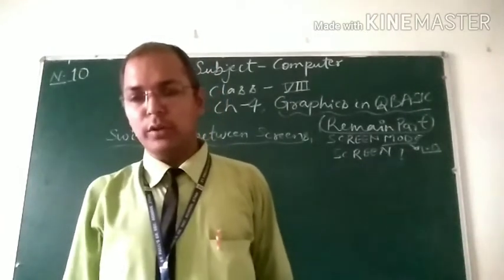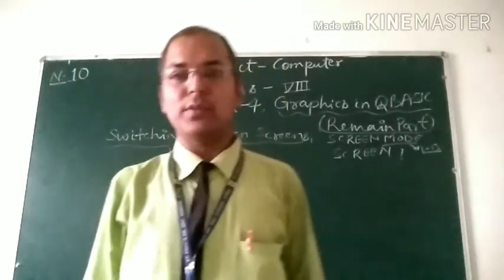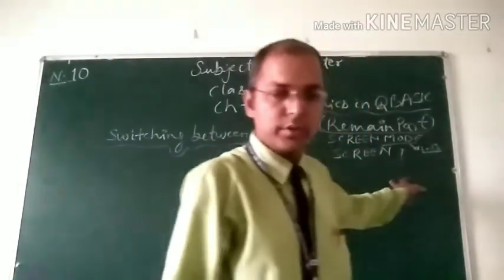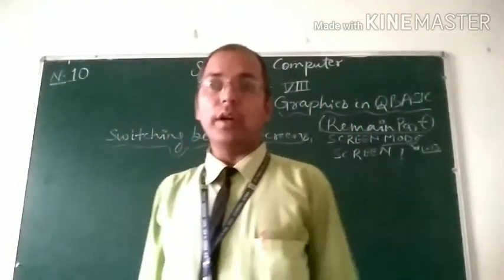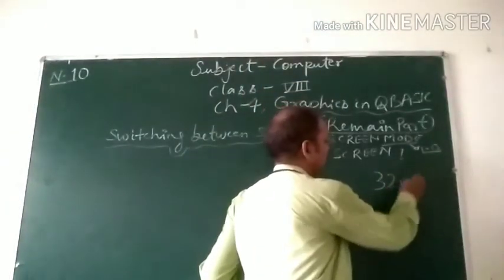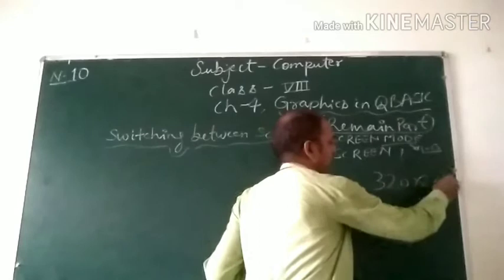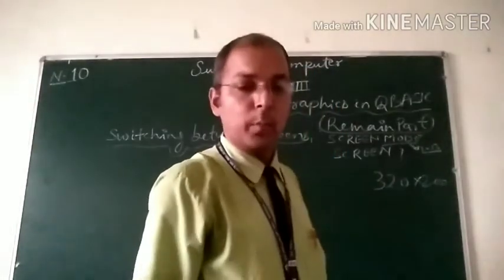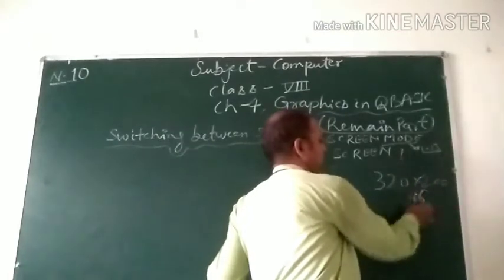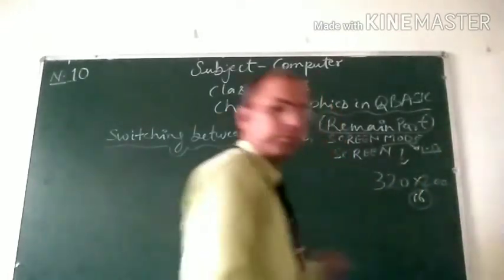If the value is from 1 to 13, it will display only graphics. SCREEN 7 means the resolution is 320 by 200, and the number of colors supported is 16.